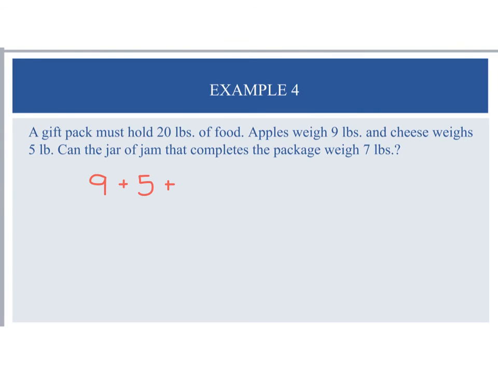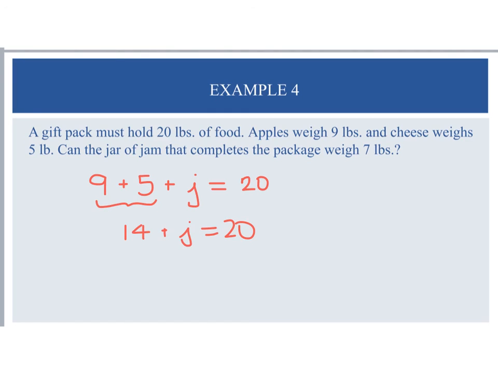We have to add jam, so I'm going to put J. And we know that we want the whole thing to equal 20 pounds. When I simplify this, I will always combine my like terms first. So I have 9 plus 5, or 14, plus J is equal to 20.